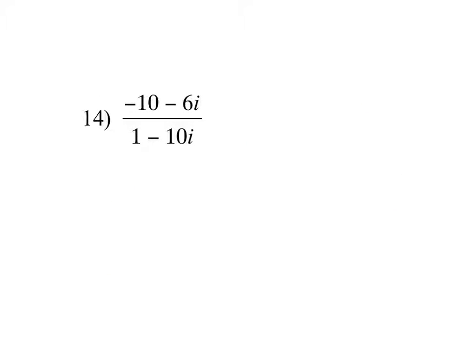Again, here I'm going to multiply times the conjugate pair. So 1 plus 10i, 1 plus 10i, right? So negative 10, I'm FOILing here.